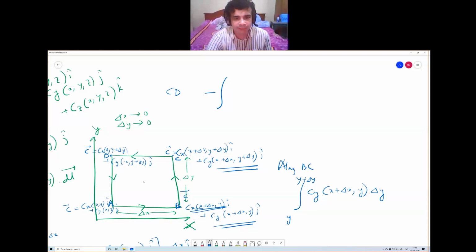This will be minus Cx(x,y+delta y) delta x. Why minus? Because you see that the direction of delta x is now towards minus i, not plus i. Is it correct?